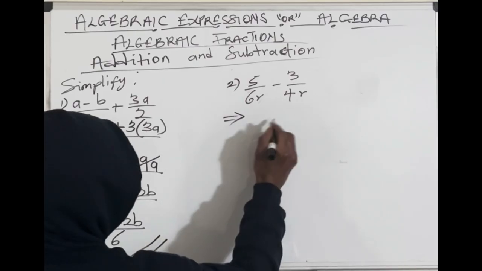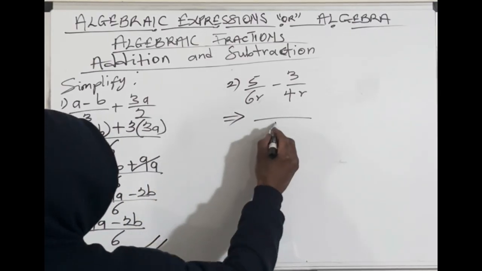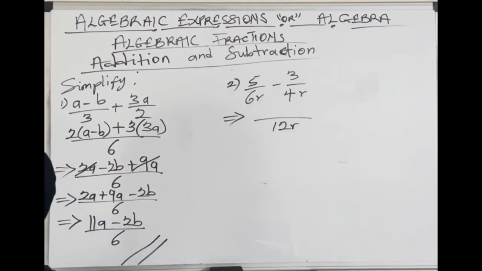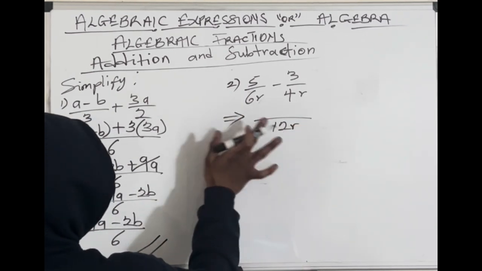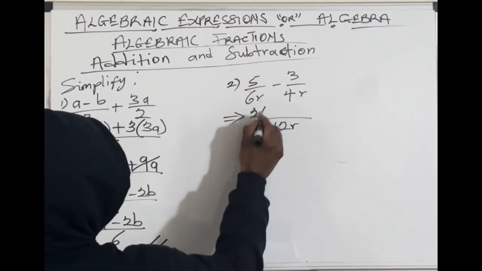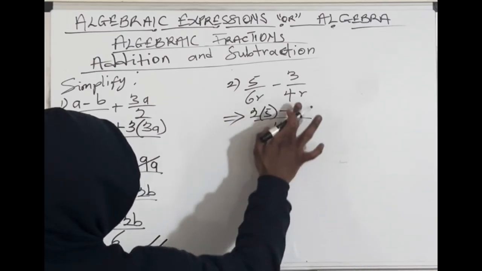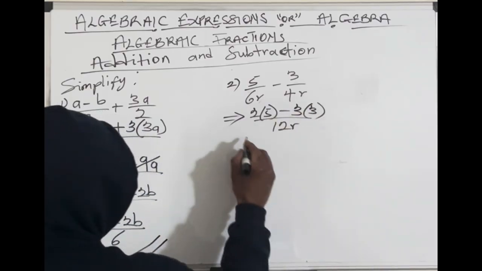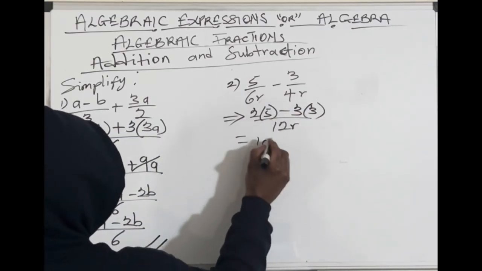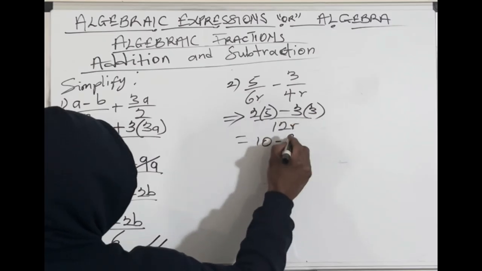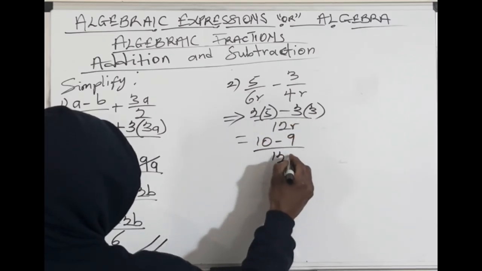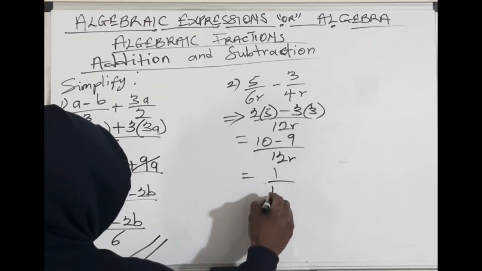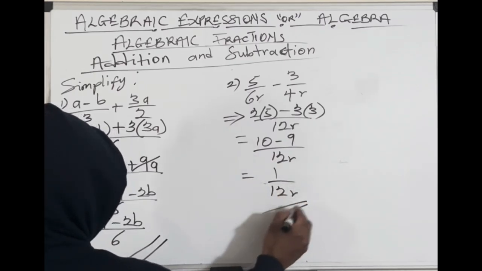So let's find the LCM, which is 12, but there are r's, so you just pick one. 6 goes into 12 two times, then 2 times the 5. 4 goes into 12 three times, then 3 times the 3. 2 times 5 is 10 minus 3 times 3 is 9, over 12r. Then we subtract, we get 1 over 12r. Final answer.